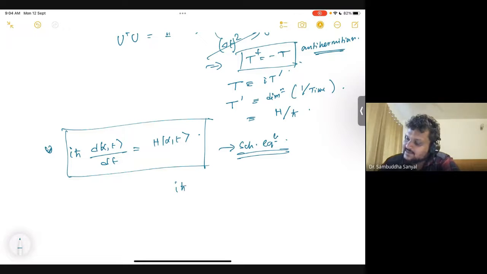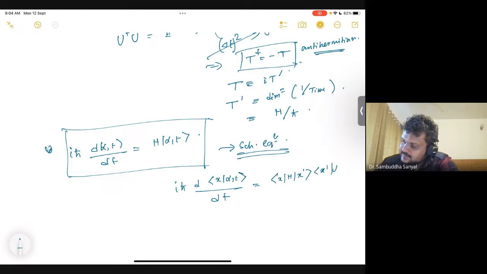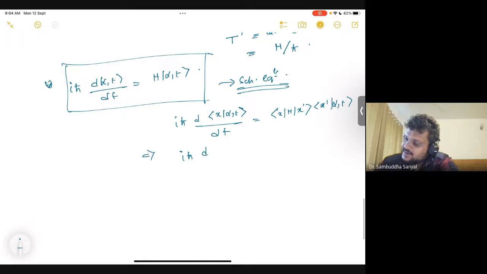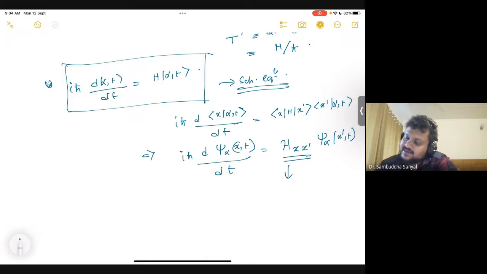That can be simply written as, if I put the x position ket on both sides, then it becomes nothing but x alpha t, dt, H, and this thing is nothing but i h bar d psi alpha x t by dt, equals H x x prime psi alpha x prime t.